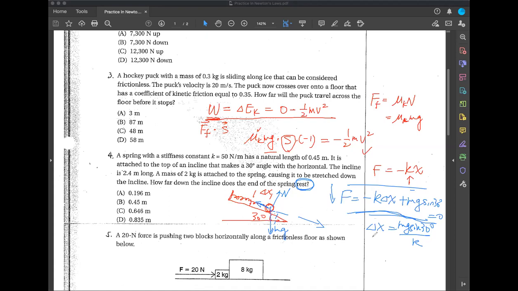Here it just said a change, right? Well, it said how far down the incline the end of the spring is, right? So from the top to the end, we just got the change. We need to add the natural length, okay? After you got this, you just add 0.45 meters. All right, cool.